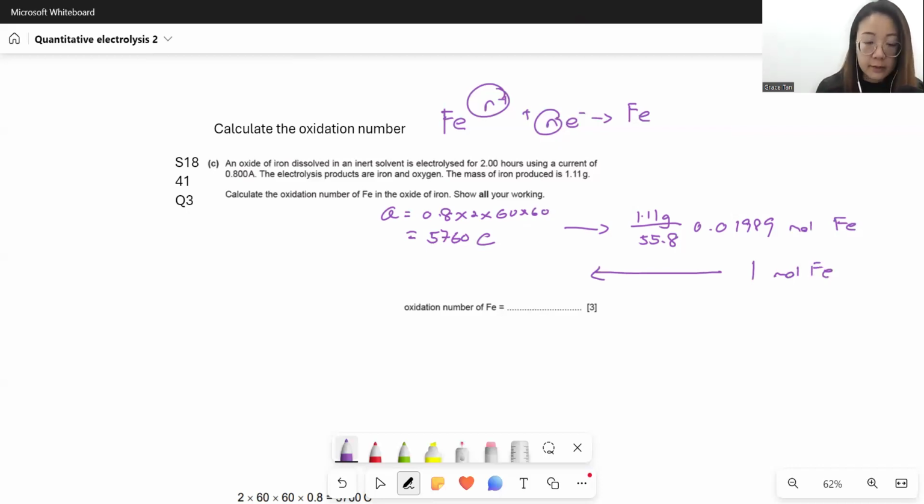So 1 divided by the answer times 5760, 289556. And this is the total quantity of charge needed to give us 1 mole. Okay, and we divide this by 96500 to see how many Faraday this is. The answer is 3.00. So hence the oxidation number of Fe is +3.